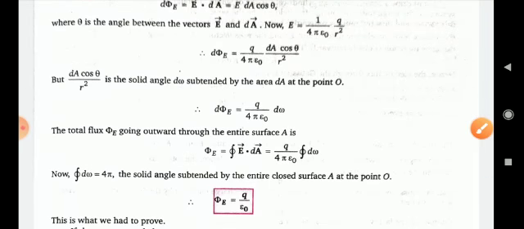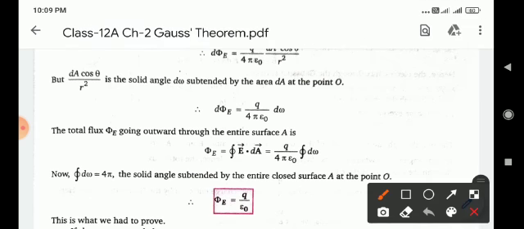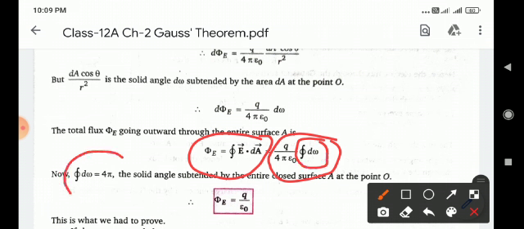The total flux phi E going outward through the entire surface is phi E equal to the integral of E vector dot dA vector, that is E dA cos theta, that is Q upon 4 pi epsilon naught times d omega, where d omega over the whole surface is the solid angle, which is equal to 4 pi.